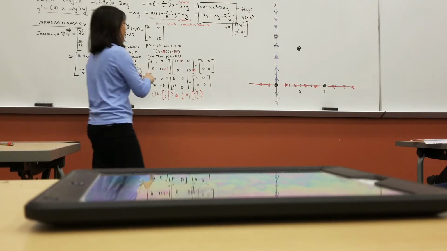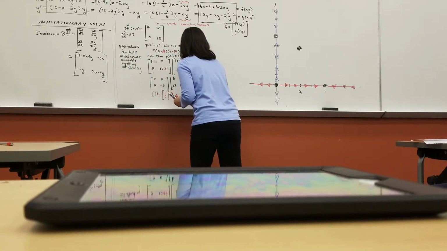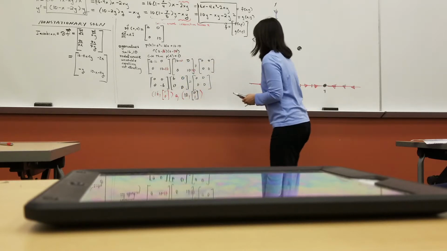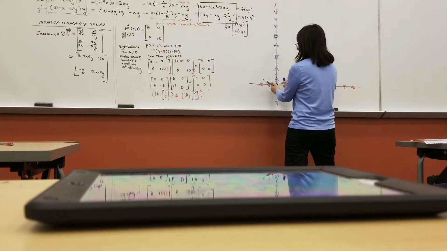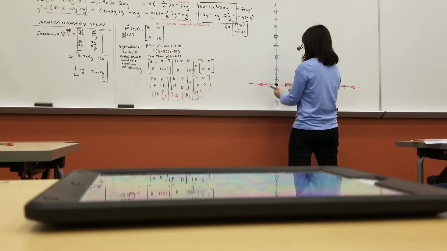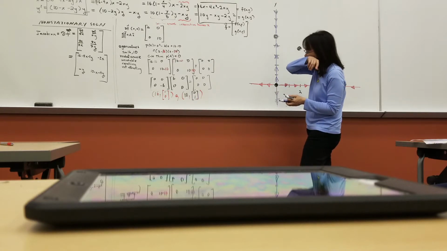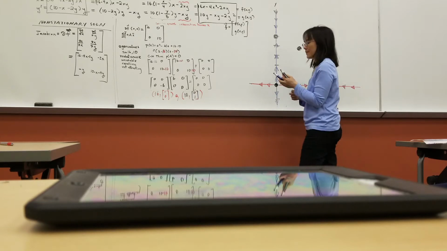Let me make it blue. So I made this guy blue. What you have is 0, 1 like this, and they're all going away because it's positive. Now, does anybody remember which is the one that you are tangent to?